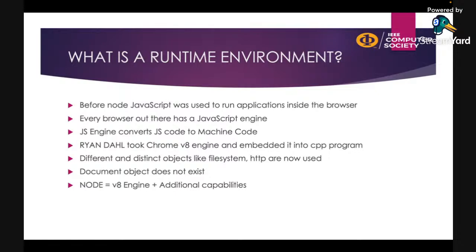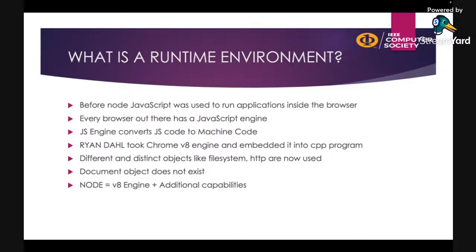Up to 2009, JavaScript could only be run in browsers. In 2009, the creator of Node, Ryan Dahl, took Google's V8 engine and embedded it into a C++ program, and therefore the birth of Node took place.